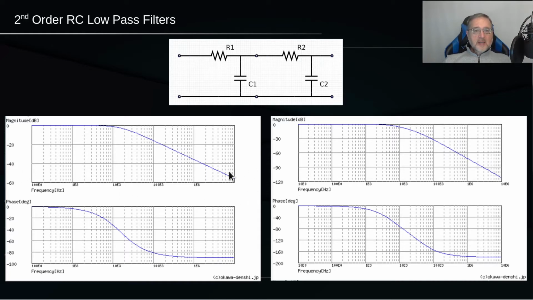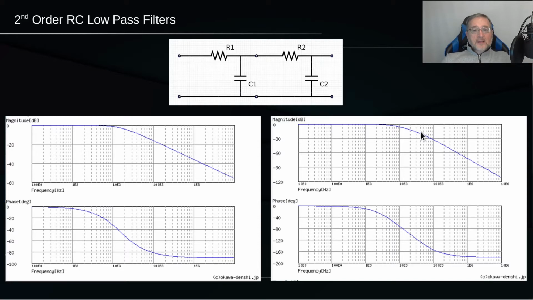It is basically the sum of the two individual first-order filters at any point of the Bode diagram. But then, at the point of the cutoff frequency for the first-order filter, which was 16 kHz, the attenuation for the second-order filter is no more minus 3 dB, it is now minus 6 dB, and because of that, the same point on the diagram does not satisfy anymore the 3 dB rule.